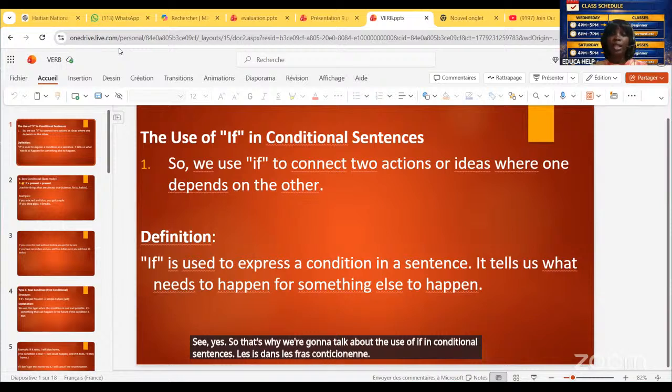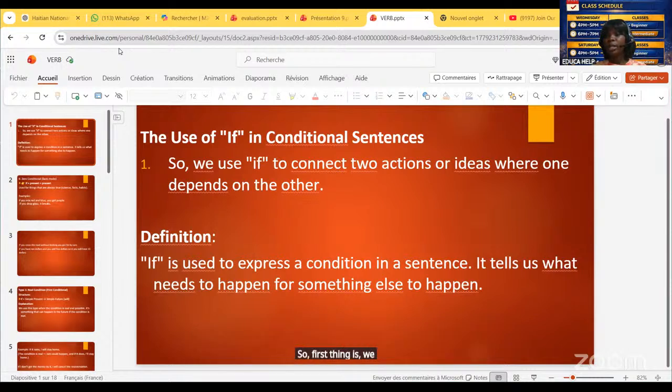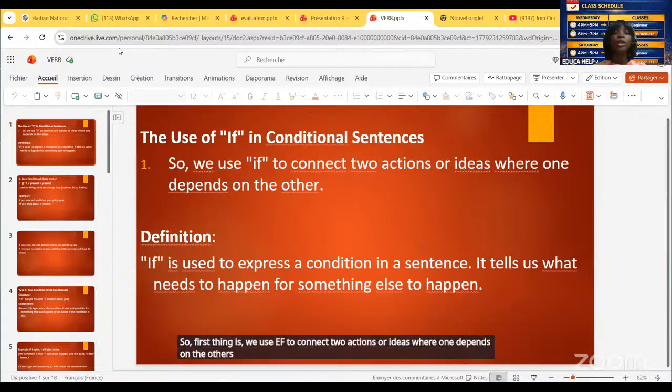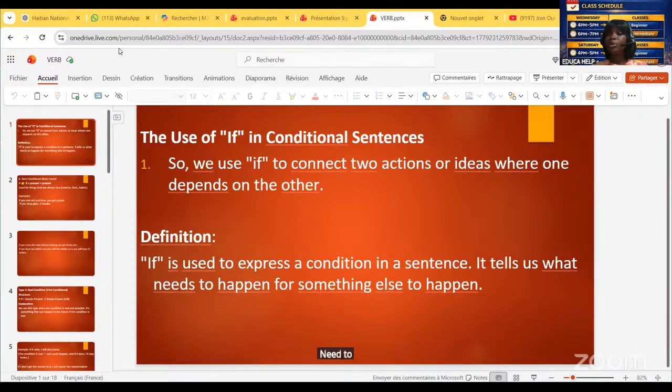So the first thing is, we use if to connect two actions or ideas where one depends on the other.